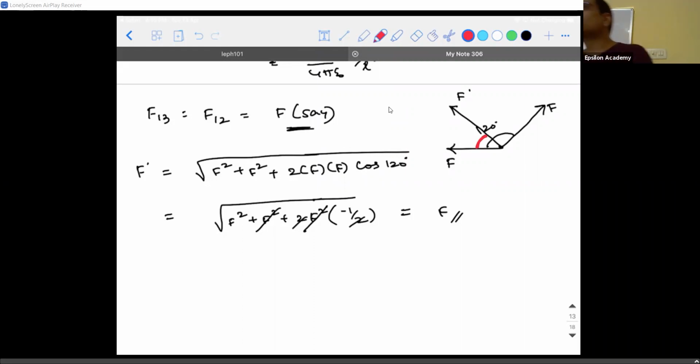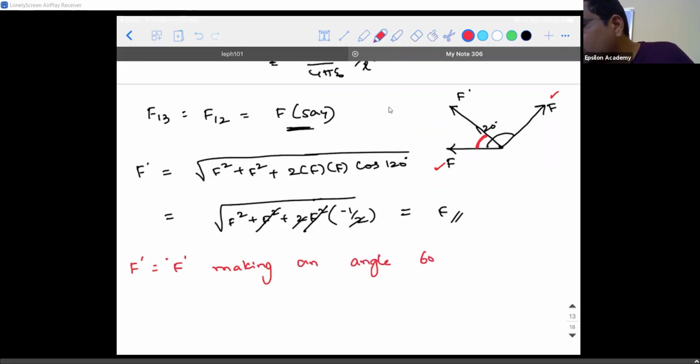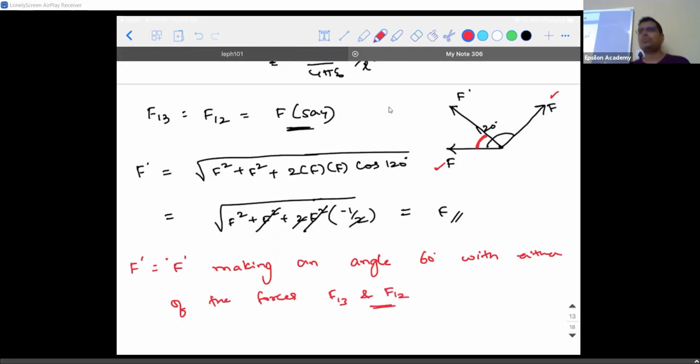In this case, fortunately, yes, they both are of same magnitude. So what will be the direction? The resultant is making an angle of 60 degrees with either of the forces. So you have to mention the answer like this: F dash is equal to F making an angle of 60 degrees with either of the forces. What are the two forces? F13 and F12. So this is the conclusion.